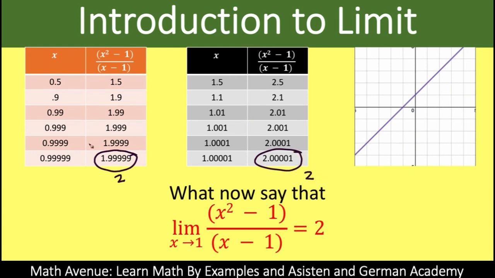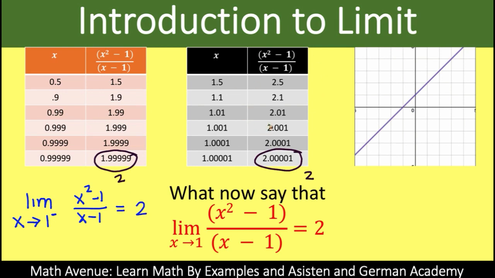Now these values in the table, as we take values of x closer to 1, and we approach a limiting value, can now be written in limit notation like this. We can now write the limit of the function x squared minus 1 over x minus 1 as x approaches 1 from the left. Notice this small minus sign, and the limit is equal to 2.